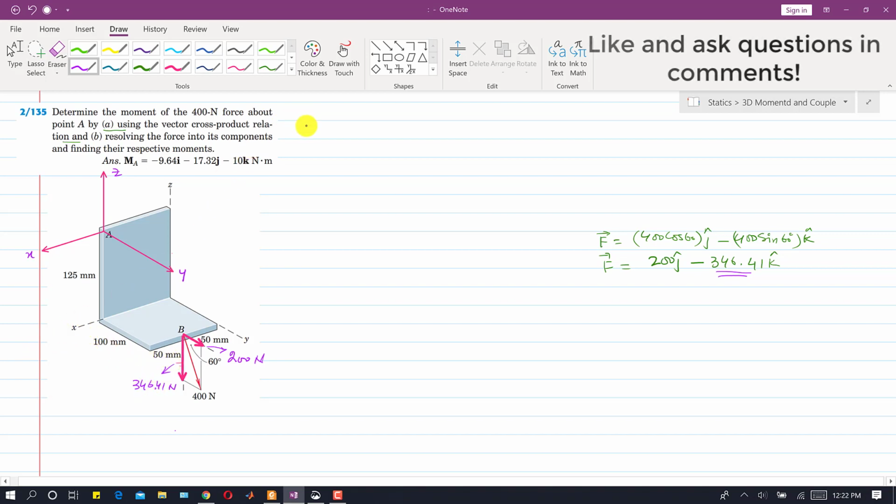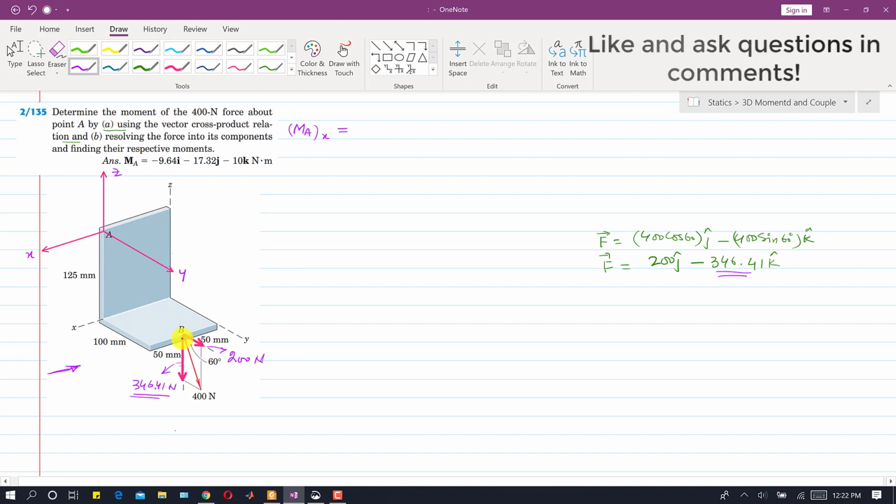Now if we want to find the moment about A along the x-axis, we look into these two components from this direction. This 346.41 Newton component has some perpendicular distance from this point A or from this x-axis.